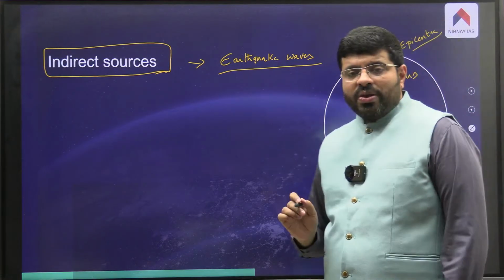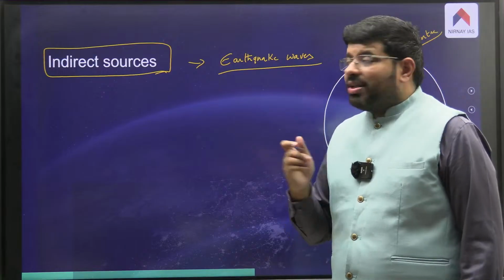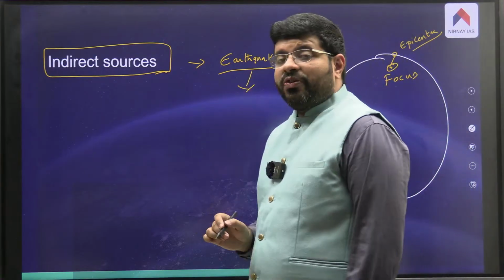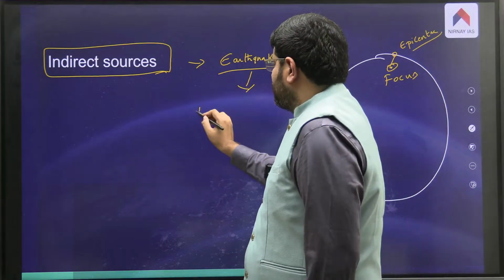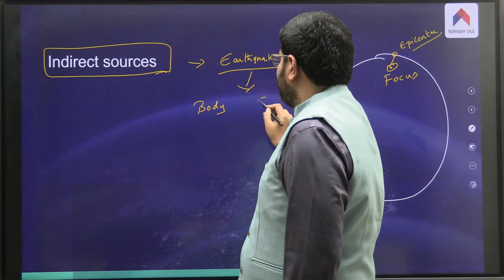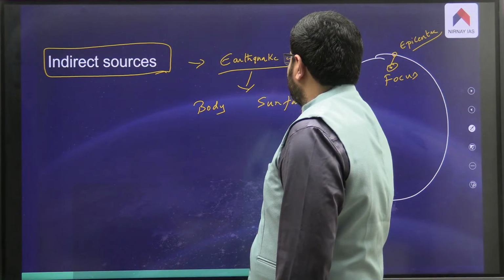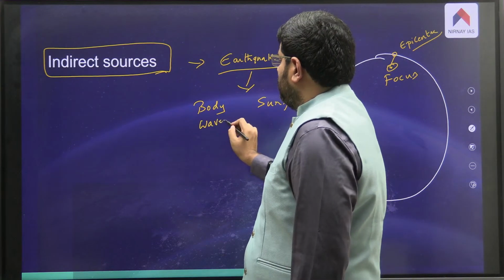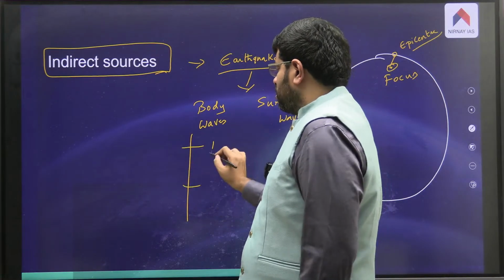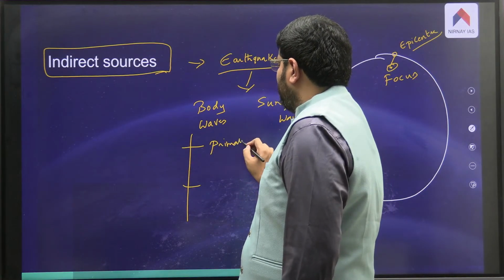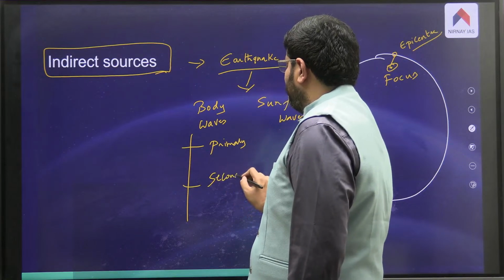These earthquake waves, because the energy is traveling in the form of waves, have helped us in understanding. There are two types of earthquake waves: body waves and surface waves. Body waves are of two types: primary waves and secondary waves.